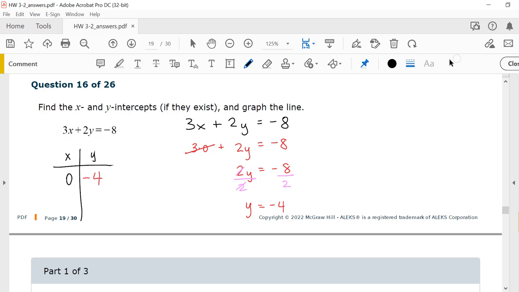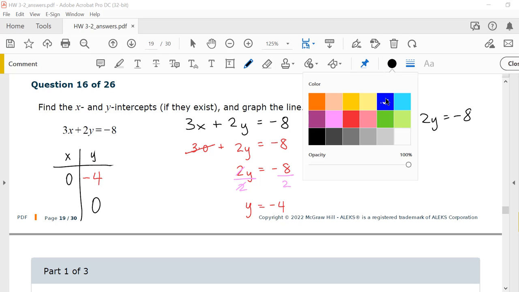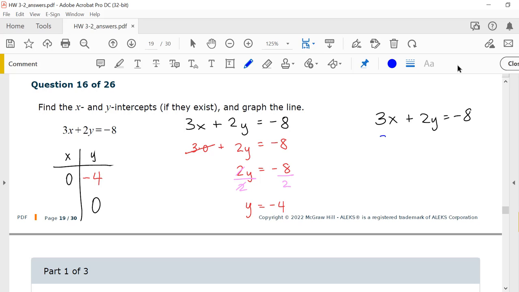Now I want to solve the equation when y is 0. So again, 3x plus 2y equals -8. I'm going to plug 0 in for y. So 3x plus 2 times 0 equals -8. Now 2 times 0 is gone. So I have 3x equals -8.